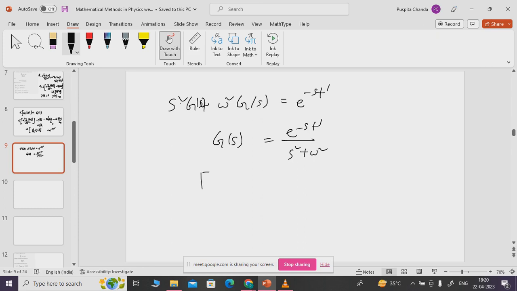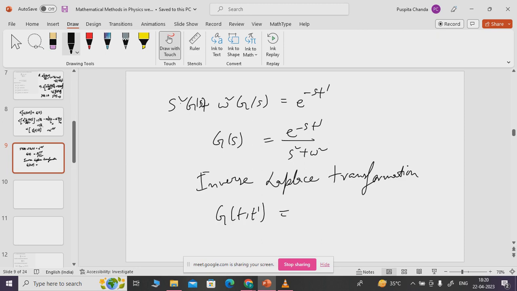Now we need to take the inverse Laplace transformation. So G(t,t') will be, for this part, shifted to t', and there will be an omega also, so that will be sin(ω(t - t')) when t is greater than t', otherwise it is 0 when t is less than t'.